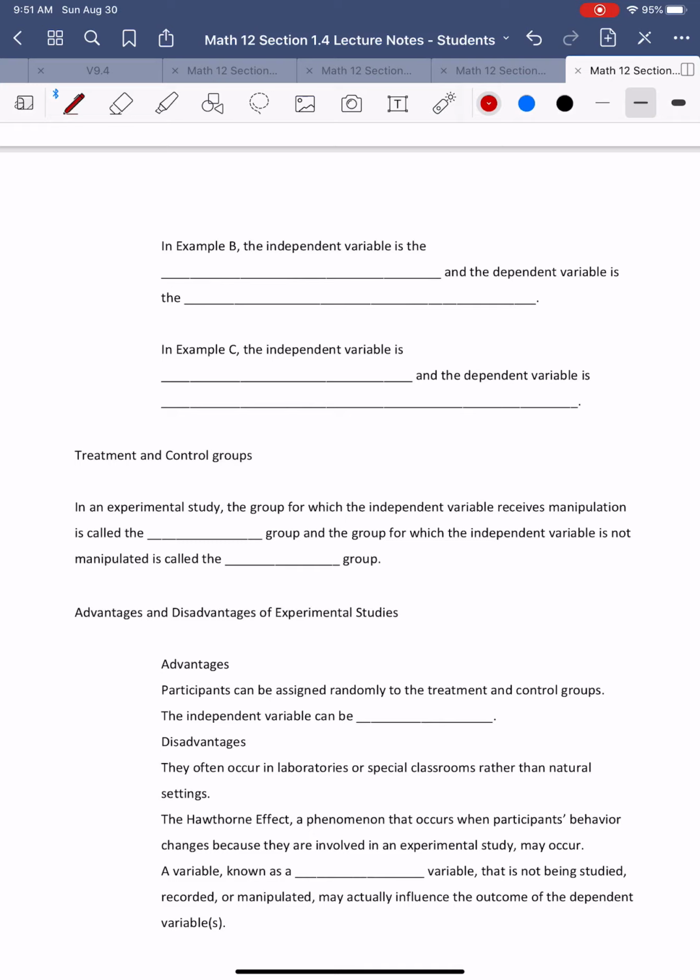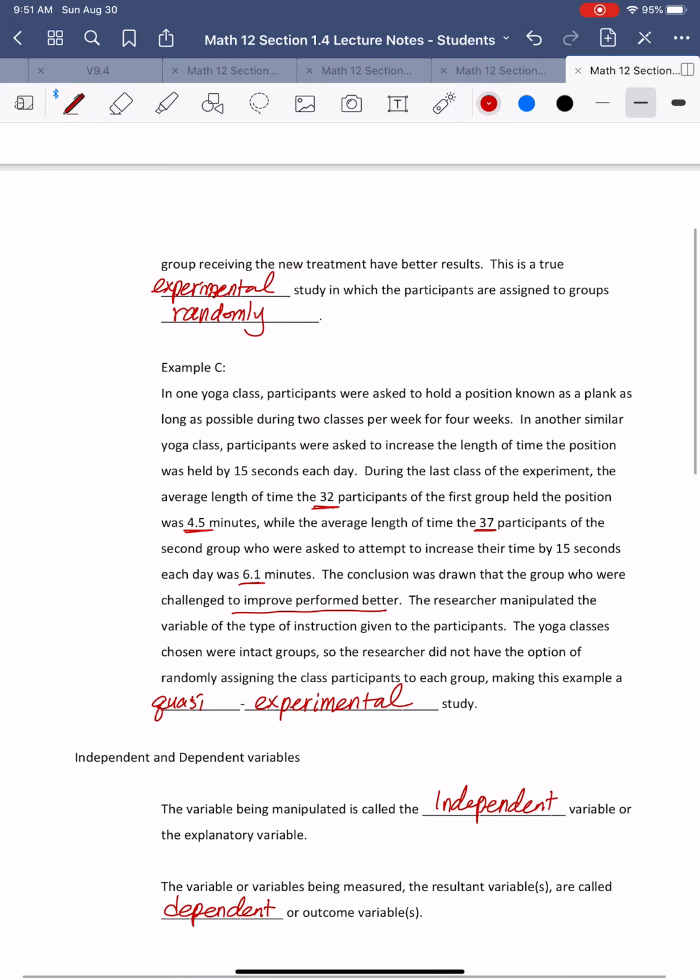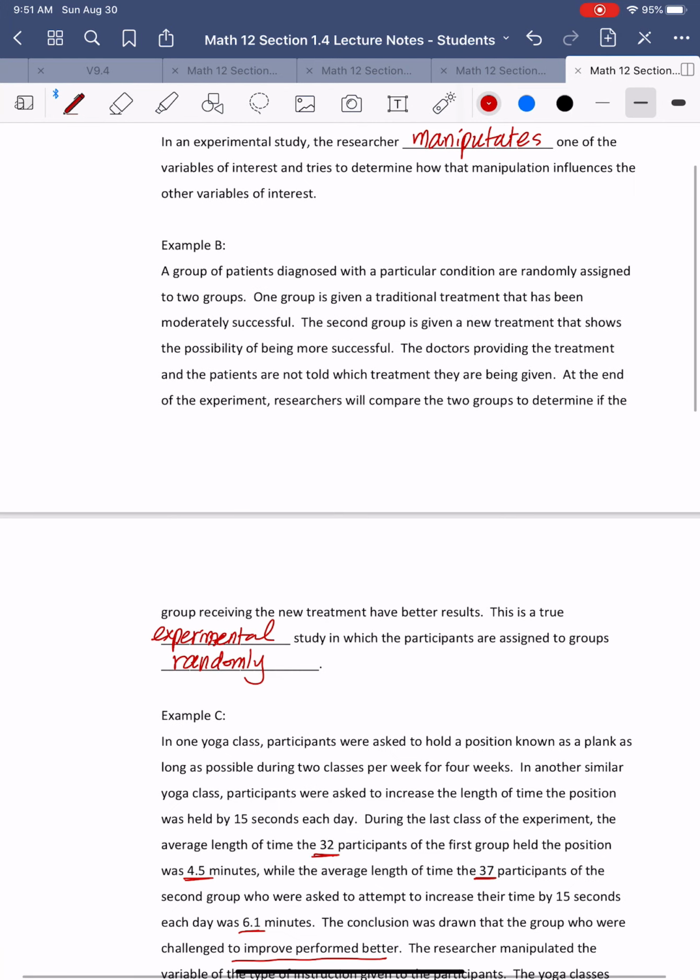Okay, let's go back to example B again. In example B, a group of patients diagnosed with a particular condition are randomly assigned to two groups. One group is given a traditional treatment that has been moderately successful, and the second group is given a new treatment that shows a possibility of being more successful.